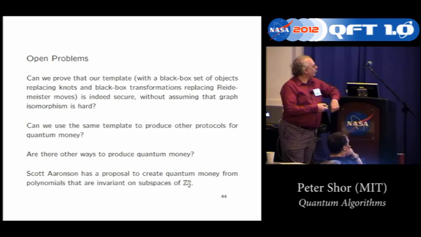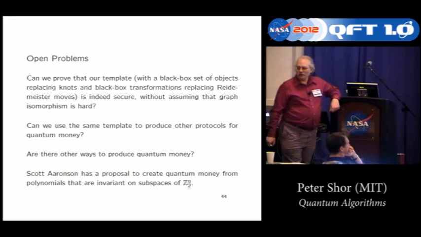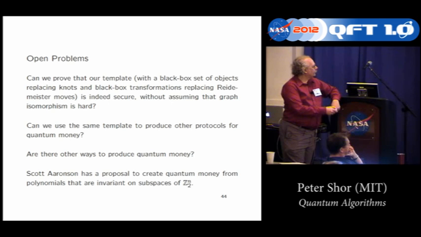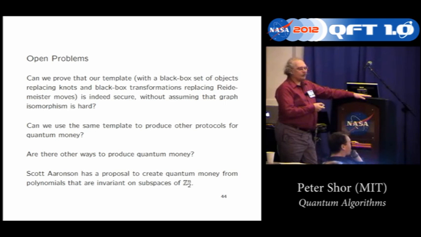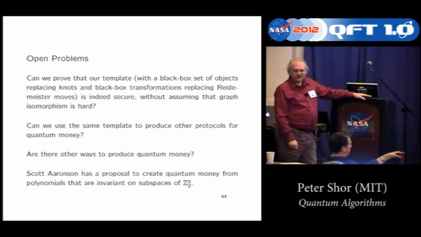Okay, so Scott Aaronson has a proposal to create quantum money from polynomials that are zero on certain subspaces of Z2 to the n, the n-dimensional binary vector space. And nobody has broken that either. So that's another interesting one.